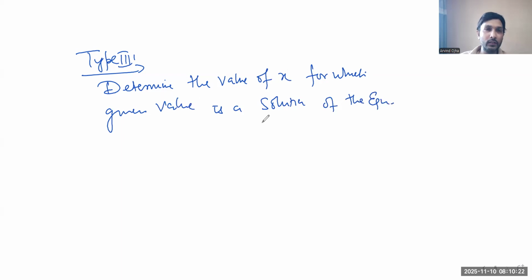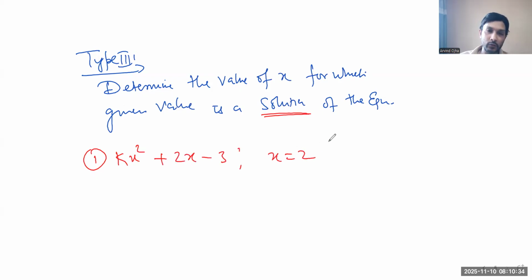So basically the condition is that it is already the solution which is given. So let's say the first one is kx square plus 2x minus 3 equal to 0, where x is equal to 2. So basically x is equal to 2 is a solution, and then we have to find the value of k.